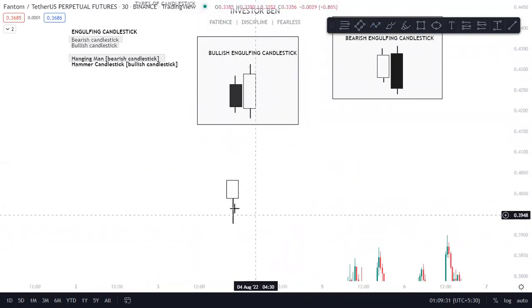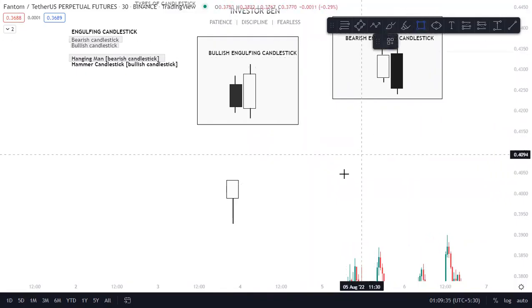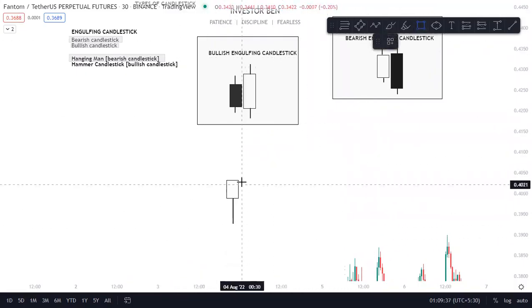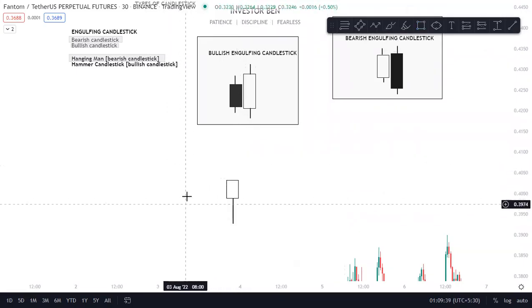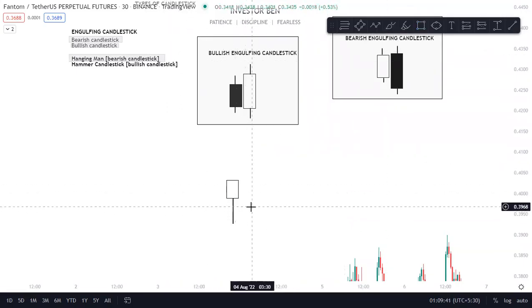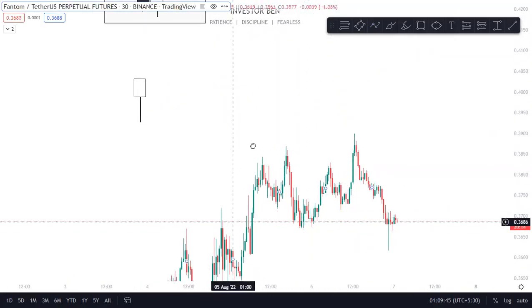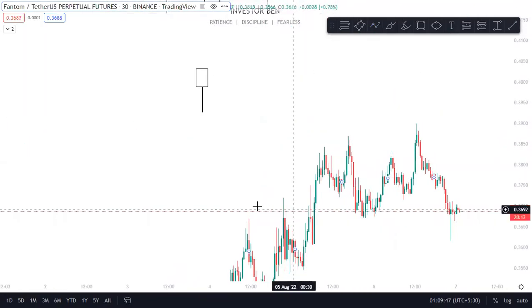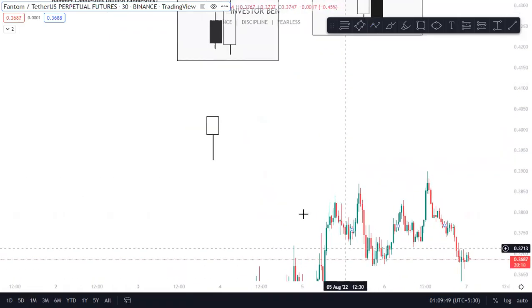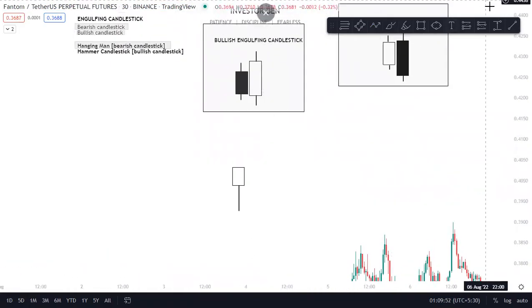The hammer pattern is found in a demand zone, right? It is the same shape, but the difference between them is where they are found. The hanging man is usually found at the top of the chart, while the hammer is found at the bottom. You can't see a hanging man at the bottom of the chart.